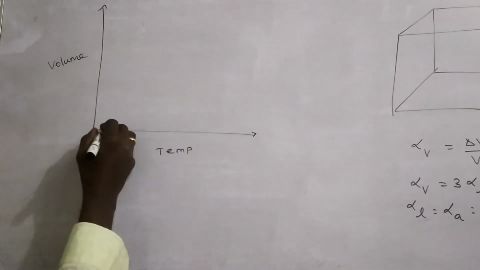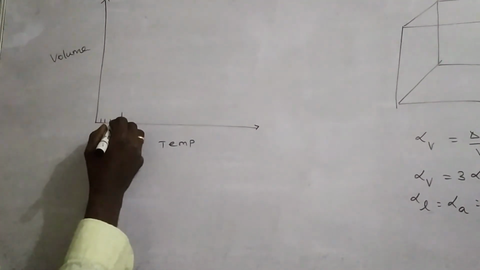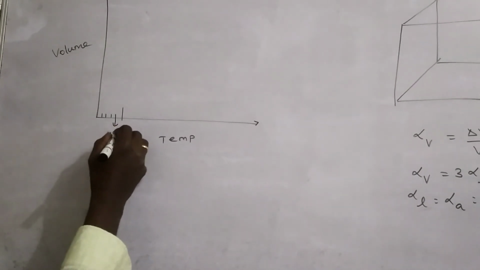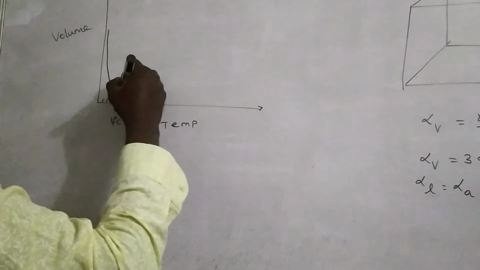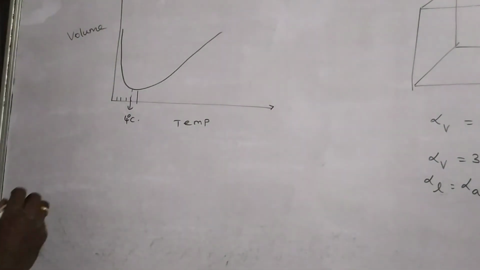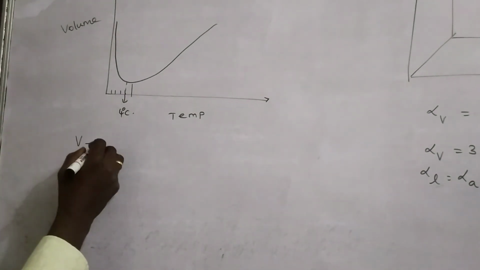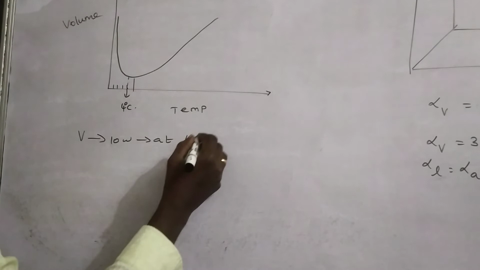The volume of water is low at 4 degrees Celsius.